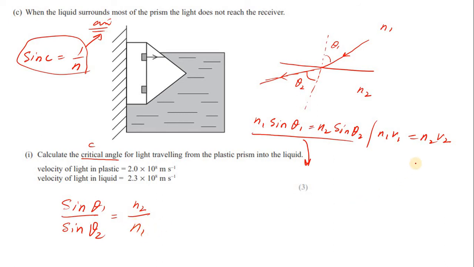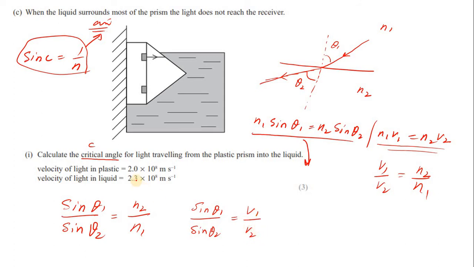And similarly, if you rearrange the second one, v1 upon v2 would be equal to n2 upon n1. That means sine theta 1 divided by sine theta 2 is equal to v1 upon v2.